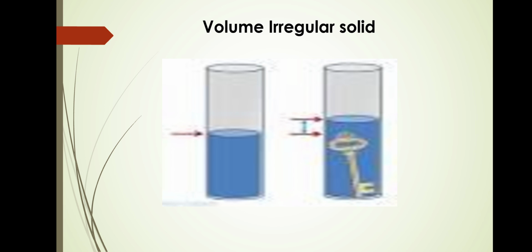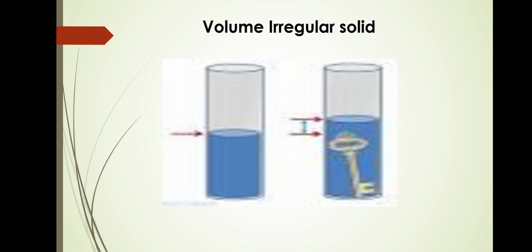So how can we measure the volume of it? We will get the graduated cylinder and put some water in it, like this, and take the reading of the water.